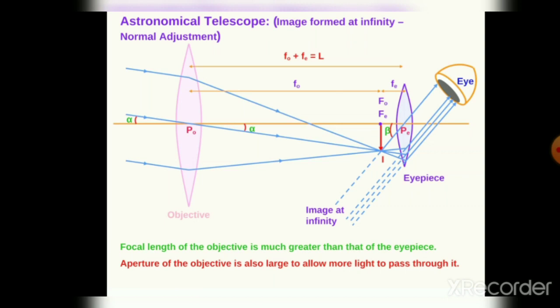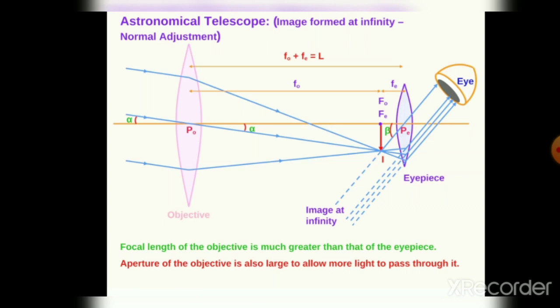Minute objects are observed using the microscope; now it is time to observe very huge terrestrial and celestial objects. There minute objects are used, and here bigger objects at a very large distance, huge bodies which are crores of kilometers away.